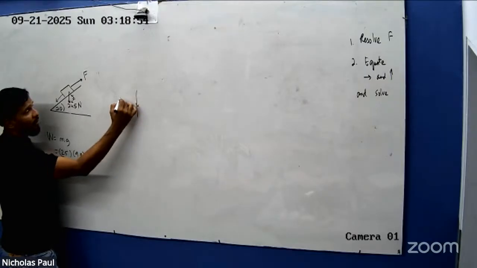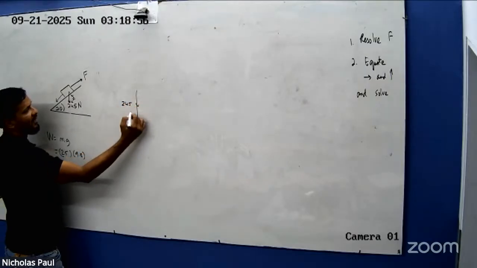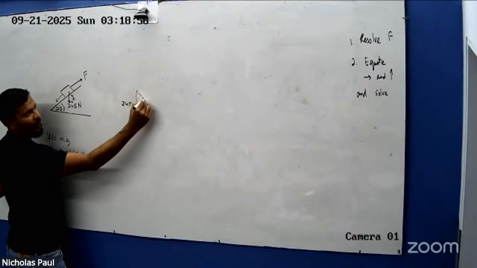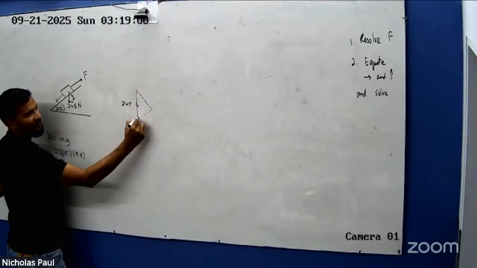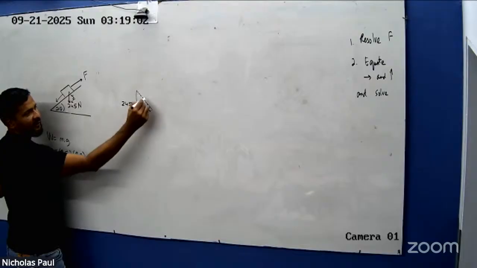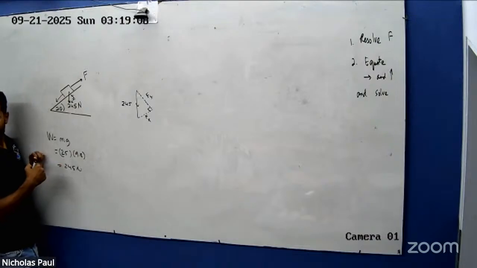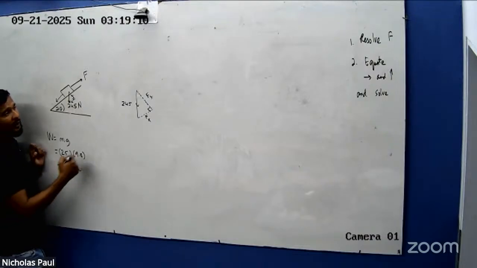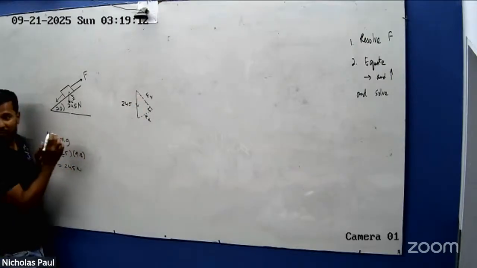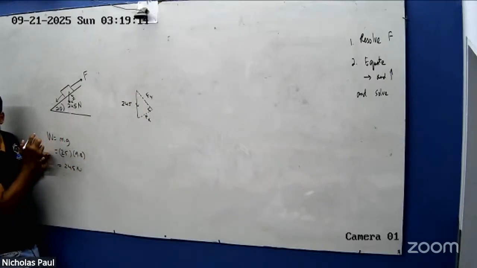That is 245. There is one perpendicular to the plane and one parallel to the plane. Here is 90. Here is FY. We don't need that. We need the one parallel to the plane. But the problem is we have no angle, so we have to find an angle.